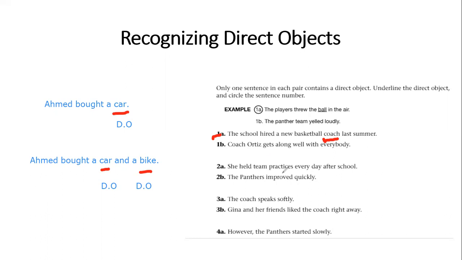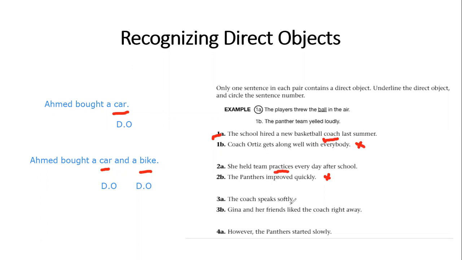So let's underline it here. Practices is the DO. Let's check the next sentence. The Panthers improved quickly. We don't have any noun here, so there is no direct object here. And also in the other sentence we said that there is no direct object. Let's do the next example.